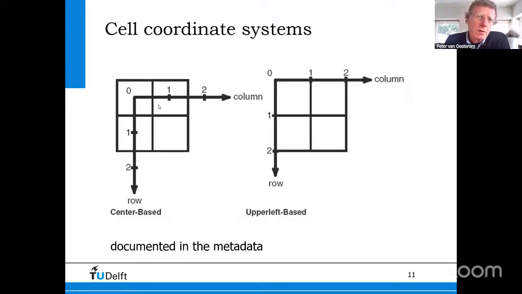So if you are thinking center-based and you would have a same size grid, then you would have one value less in the row than if you would have this corner point based interpretation of a raster.